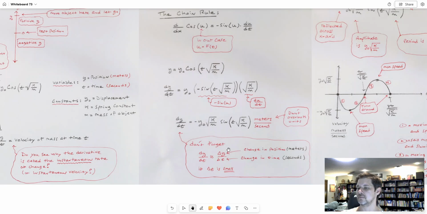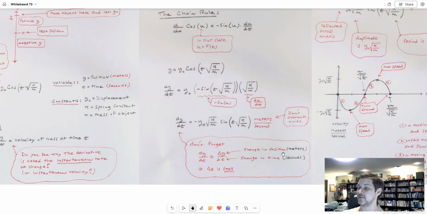And so what would the units of the average rate of change be? Delta y over delta t. Delta y is change in position. Delta t is change in time. If time passes and something changes position, it moves, right? Okay, so it's got a speed or a velocity in meters per second.